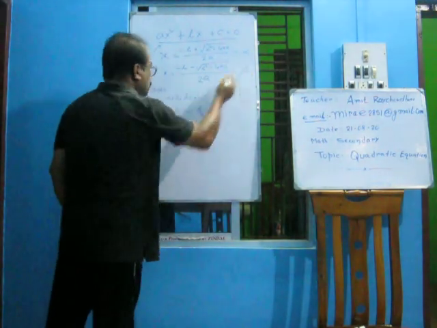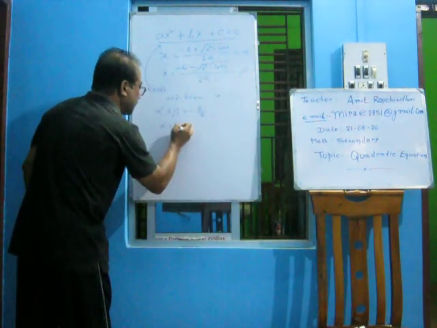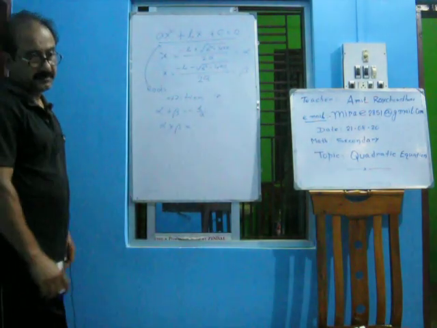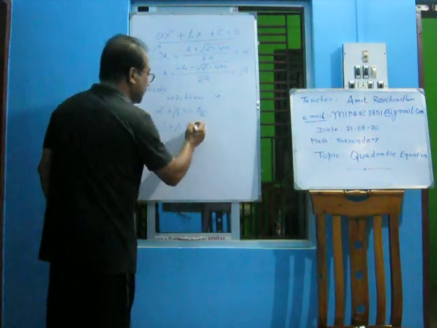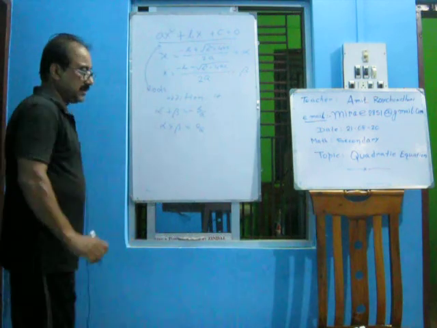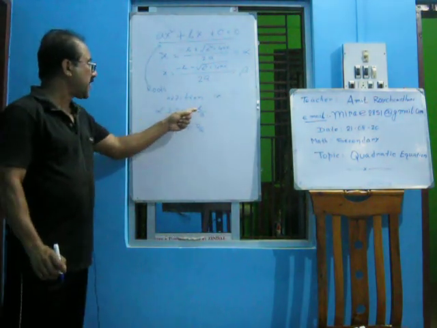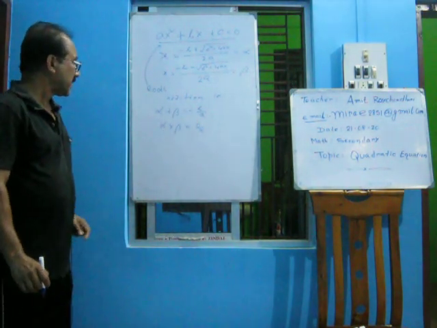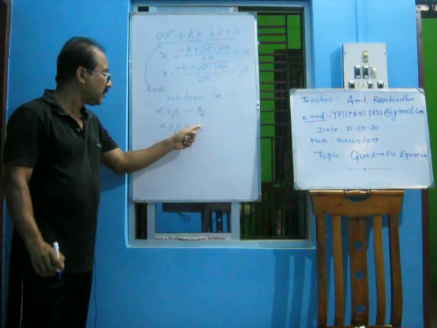And once these two roots are multiplied, the result will come as c by a. So alpha plus beta equal to minus b by a and alpha into beta equal to c by a.